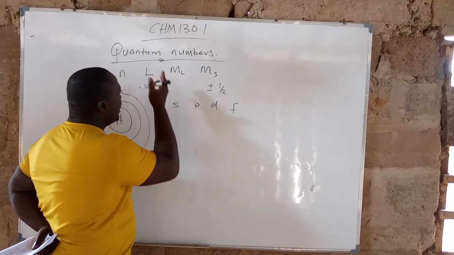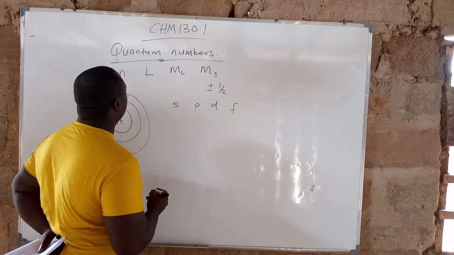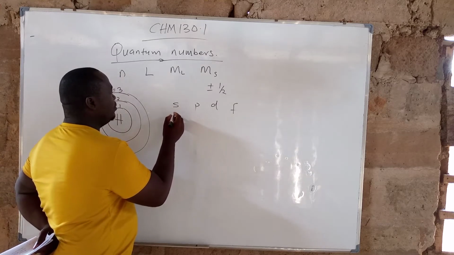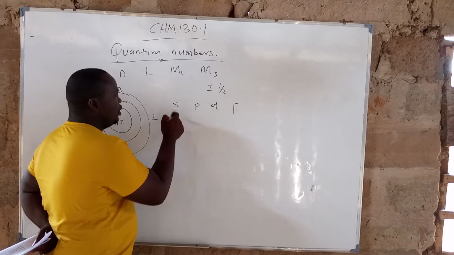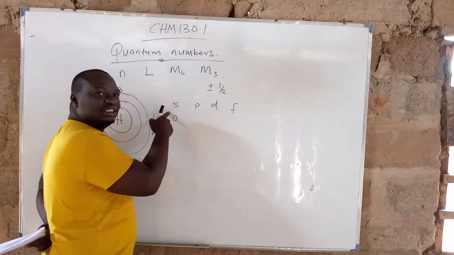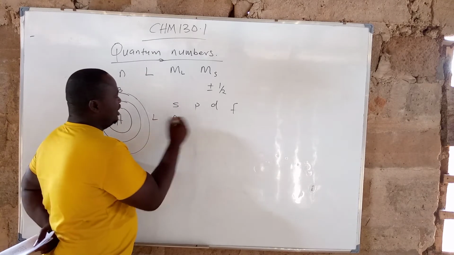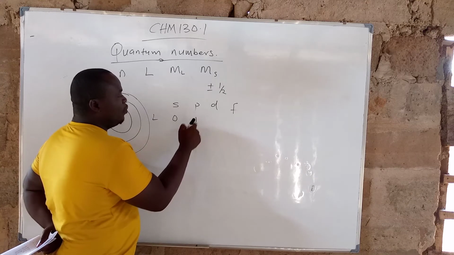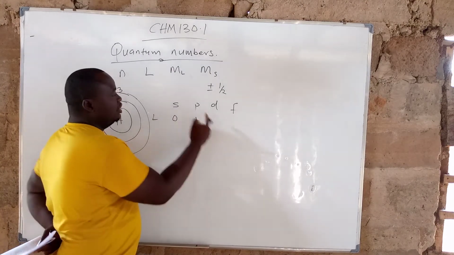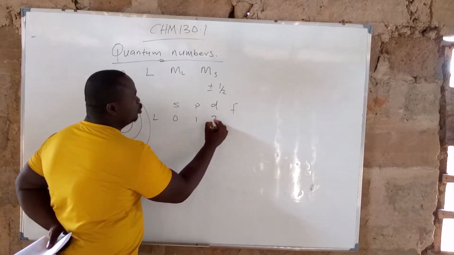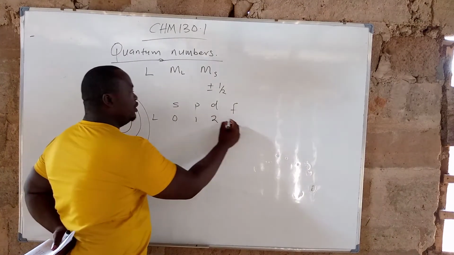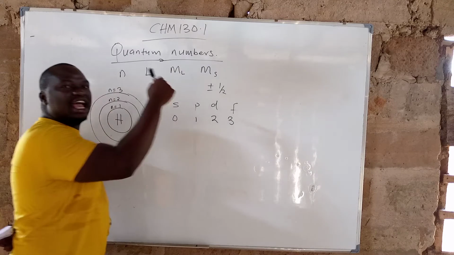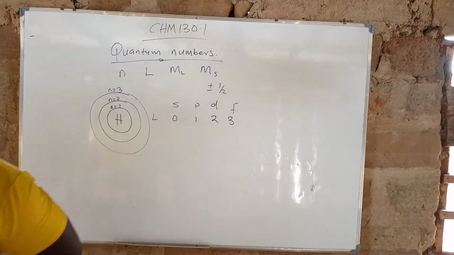Under the quantum numbers, whenever the L value is 0, we're talking about the S subshell. Whenever the L value is 1, it's the P subshell. Whenever the L value is 2, it's the D subshell. Whenever the L value is 3, we're talking about the F subshell. Know it very well, it's very important.